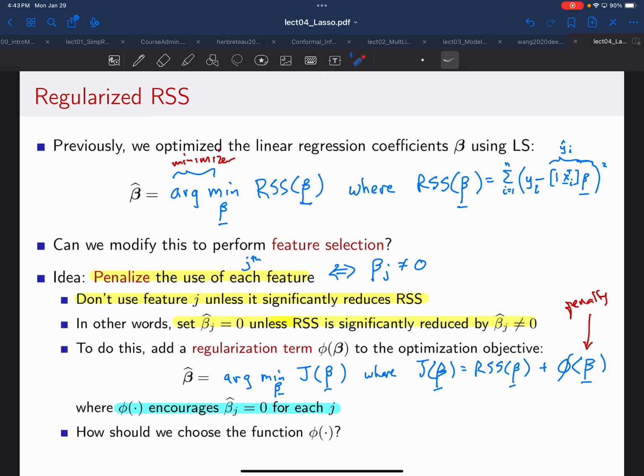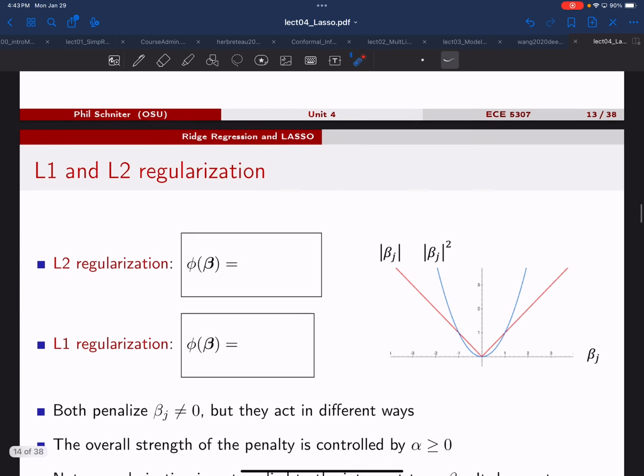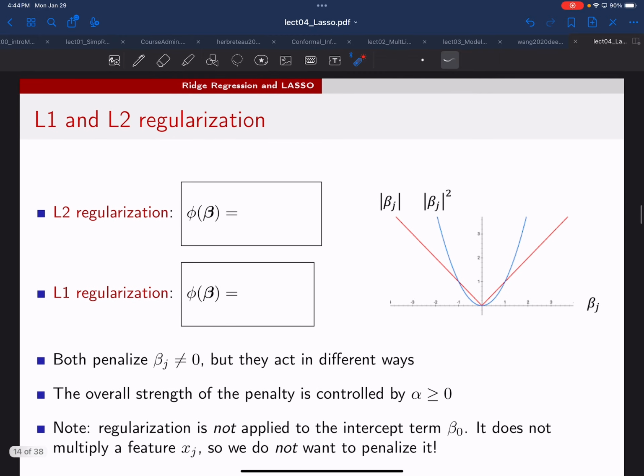Okay, so the main question then is, how do we select this phi function? It turns out there are tons and tons of different ways to select it, but we're going to focus on the two simplest and most popular ways. The first one is known as L2 regularization.